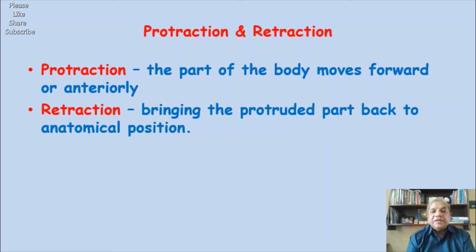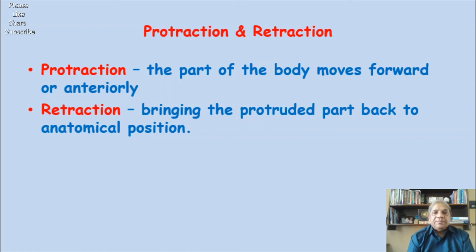You know what is anteriorly and what is posteriorly by this time. When a part of the body moves backward, towards the back, posteriorly, it is called retraction, or bringing back the protruded part to its normal position. That is also called retraction.